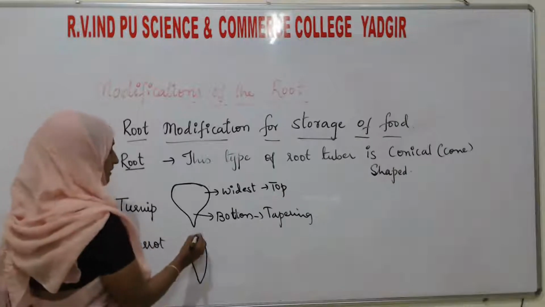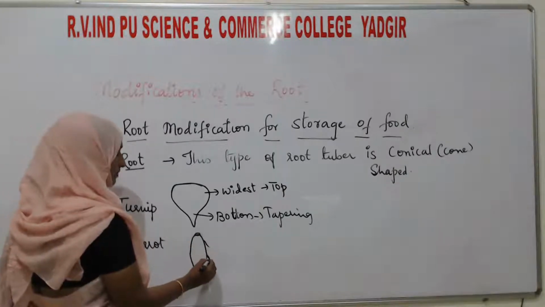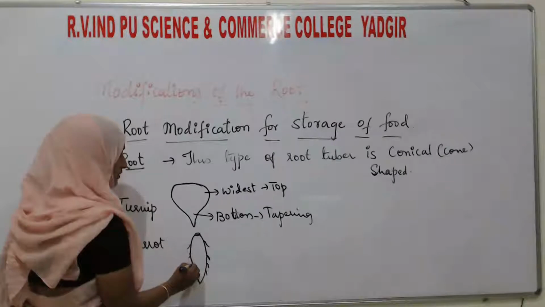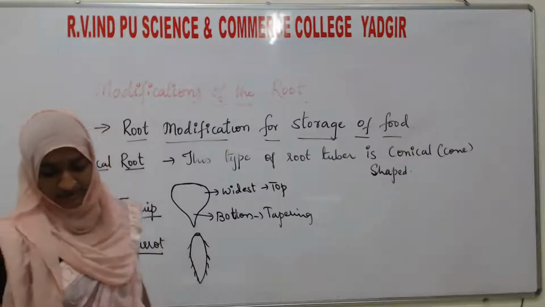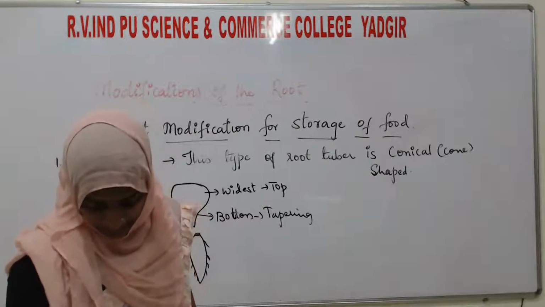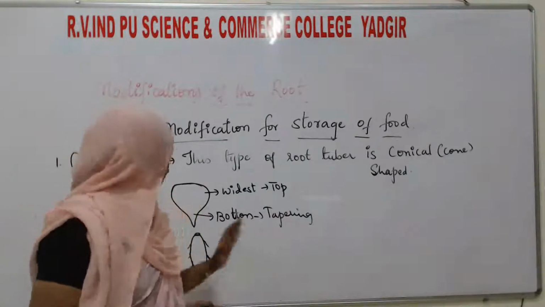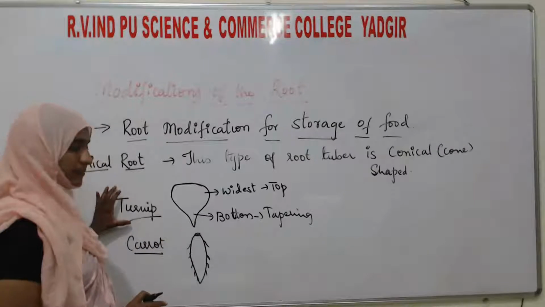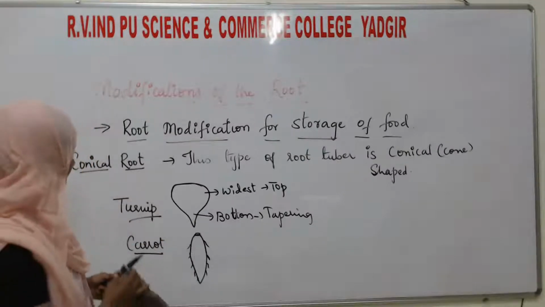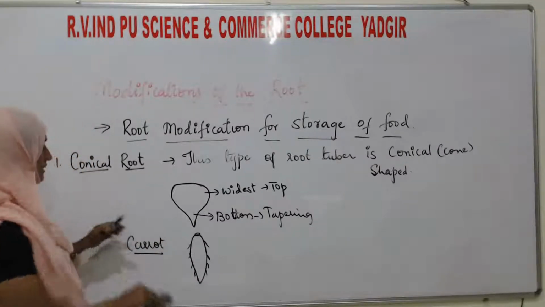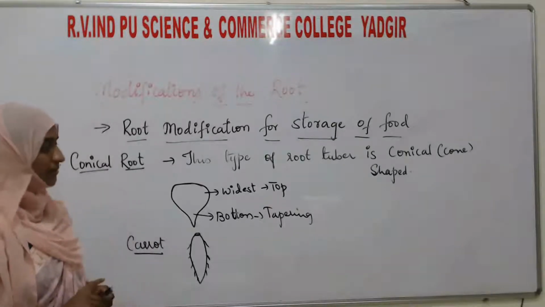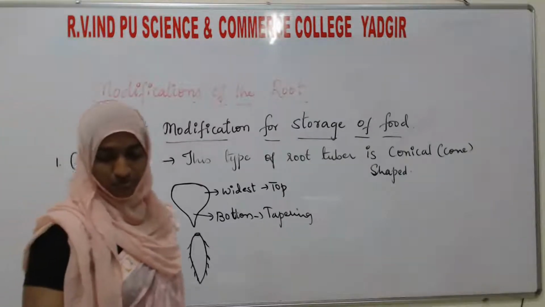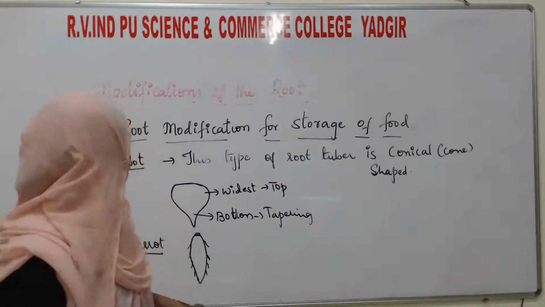Okay, this is the carrot, like this. Carrot is an example of the conical type of root. Then the second type is the fusiform root.